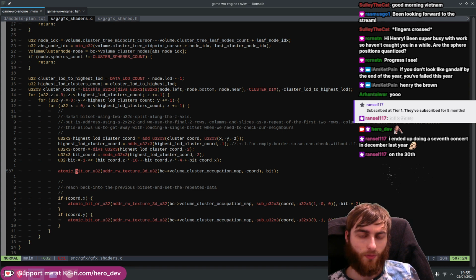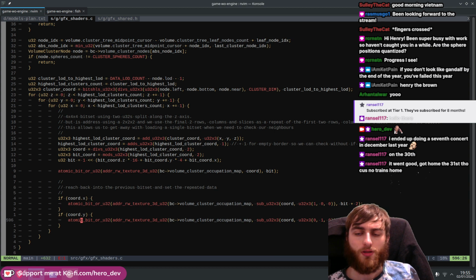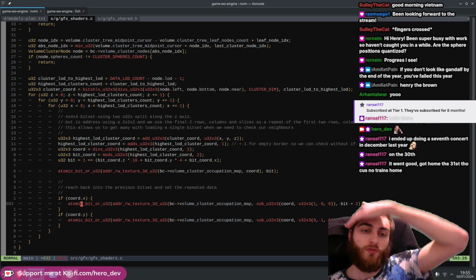That's 4x4x4, and you'll simply be addressing the first 2x2, right? And then if we're not at the first bit set along the X or the Y, we reach back into the previous bit set, and then we put it in the final 2x2x2 for that bit set.